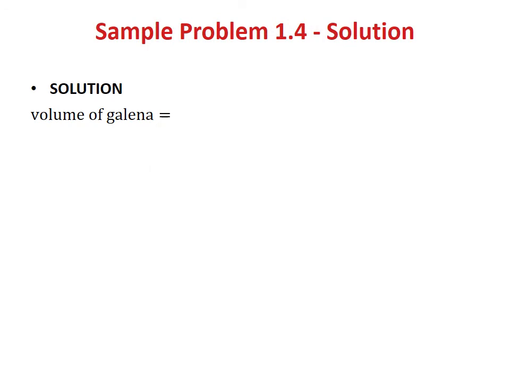Let's do the calculation. The volume of the galena is the volume change of the water due to the stone added. So it's from 19.9 to 24.5. The difference is 4.6 milliliter. Now let's convert milliliter to cubic centimeter, and the relationship is 1 milliliter equals 1 cubic centimeter.